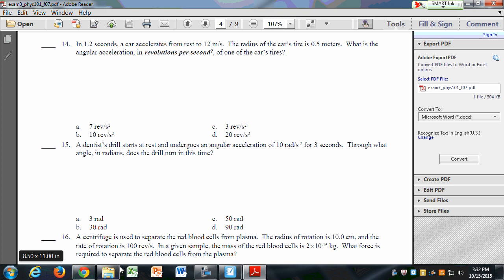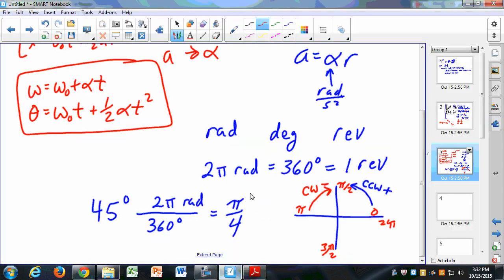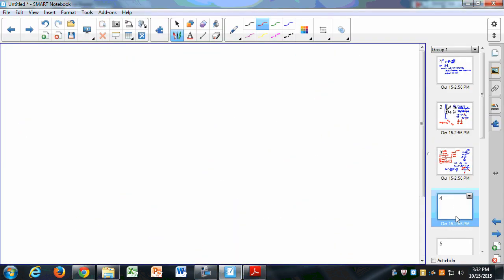Centripetal force is a force that causes circular motion. It's really not a particular force, it's just a type of force that causes circular motion.